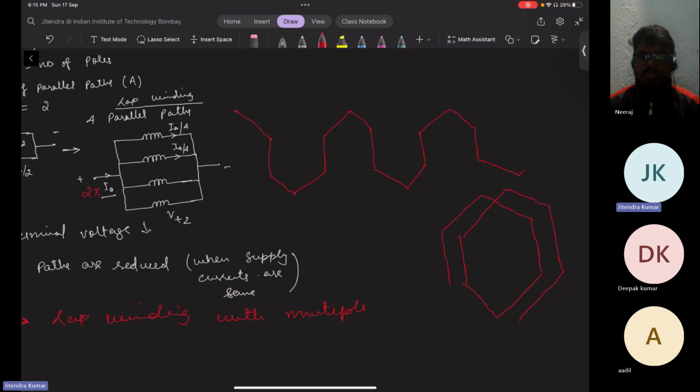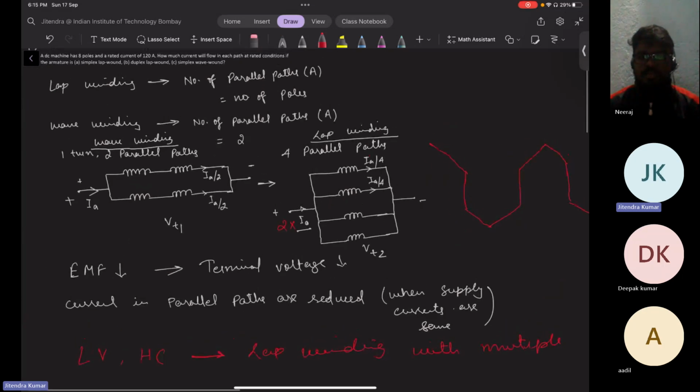So hence I told that in wave winding we have two parallel paths, but we have the same number of turns. We are not tampering with the number of turns because we want an equal amount of flux in both the machines. So for equal flux, we want equal MMF supply, and that can be done with the same number of turns and the same amount of current.